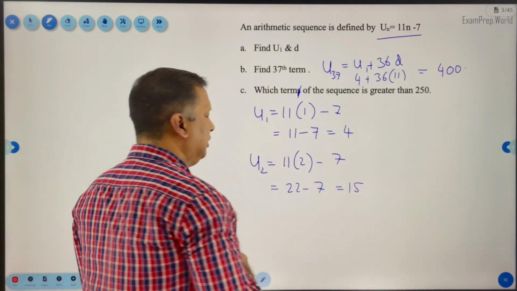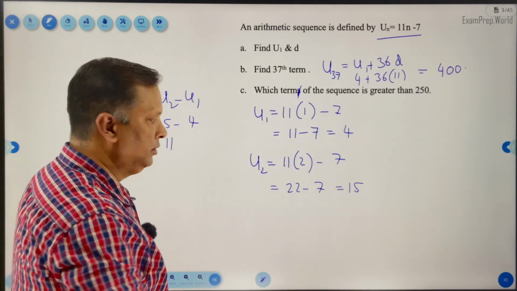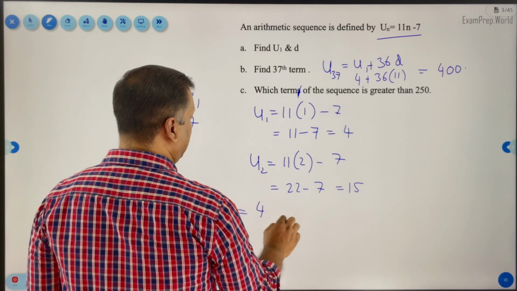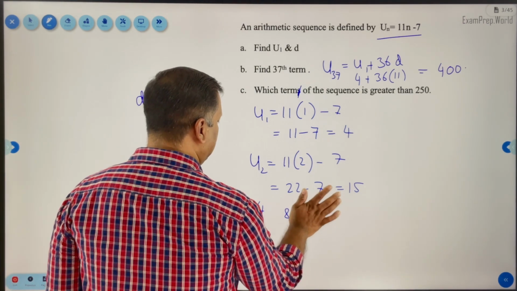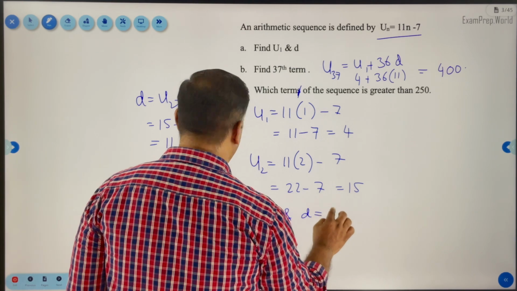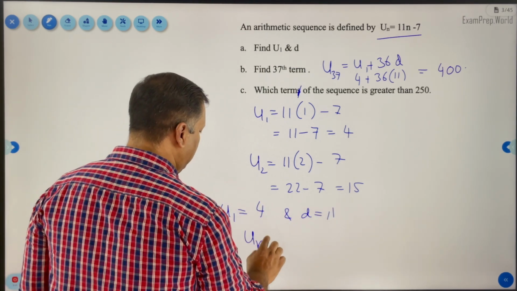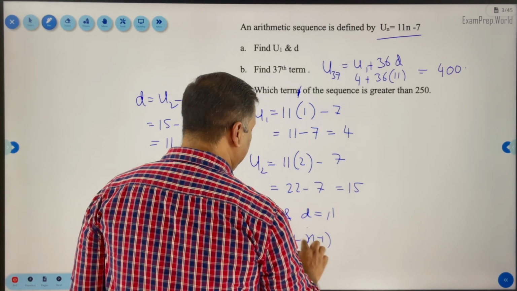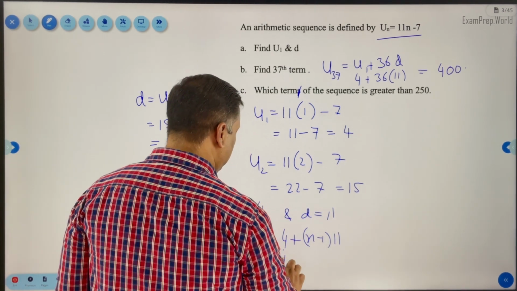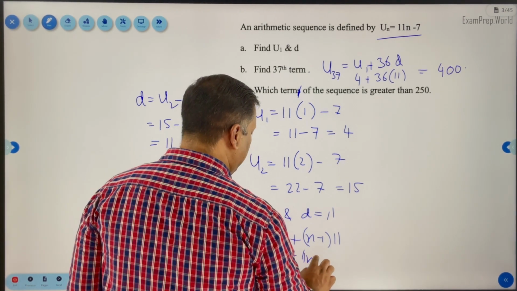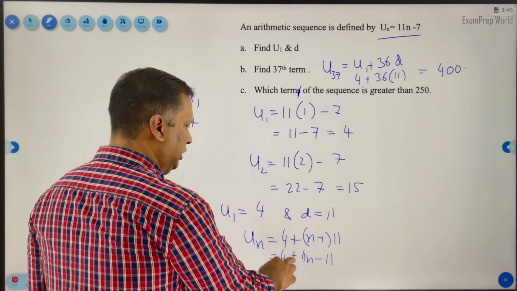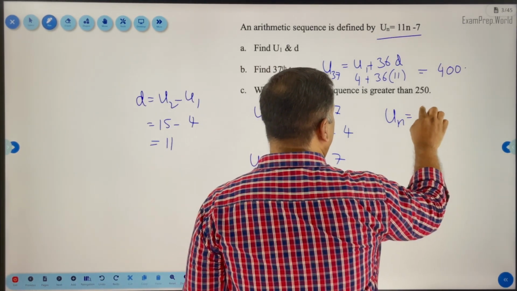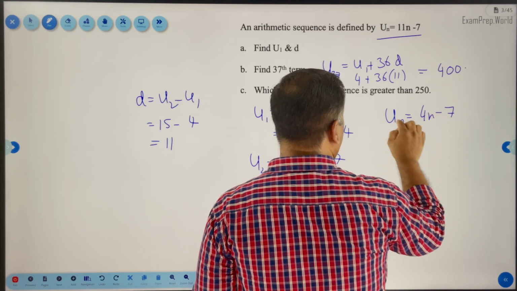We have to make the general rule with u1 and d. u1 is 4 and d is 11. So let's make the general rule. un equals 4 plus n minus 1 times 11. So it is 4 plus 11n minus 11, which is 11n minus 7. So our general rule is 11n minus 7.